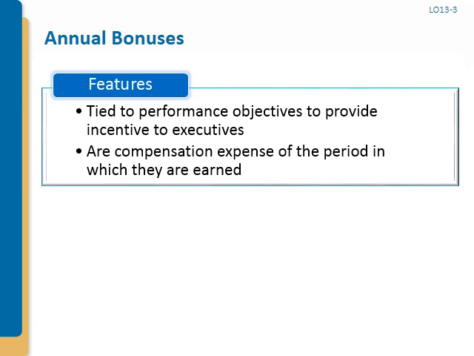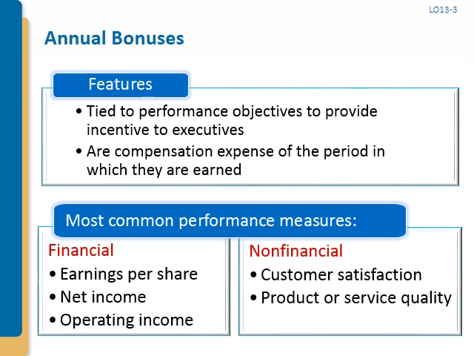Sometimes compensation packages include annual bonuses tied to performance objectives designed to provide incentive to executives. Bonuses are compensation expense for the period in which they are earned. The most common performance measures are earnings per share, net income, and operating income. Non-financial performance measures such as customer satisfaction and product service quality are also used.